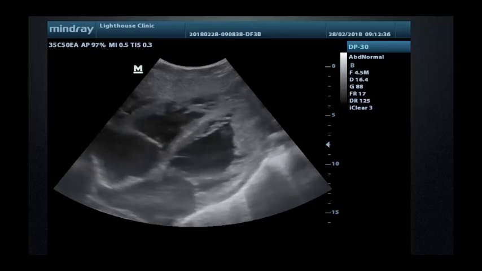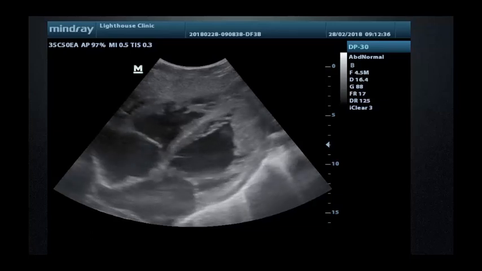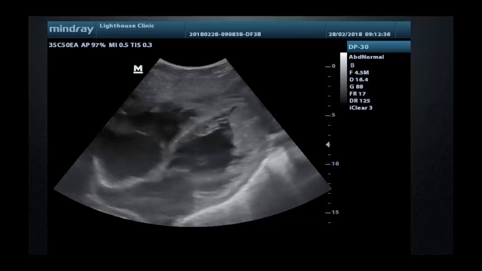When you find a heart like that, really thick and muscular, my first next step, because I already have the ultrasound machine there, is to have a quick look at the kidneys, and we will deal with the kidneys in another lecture.